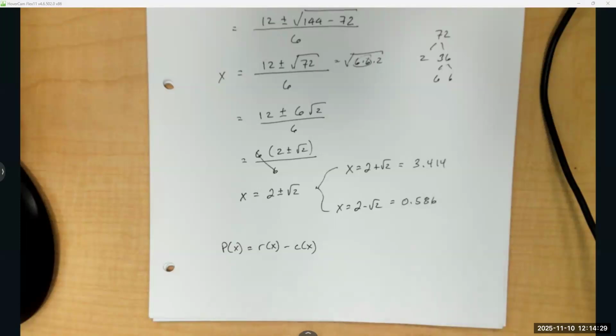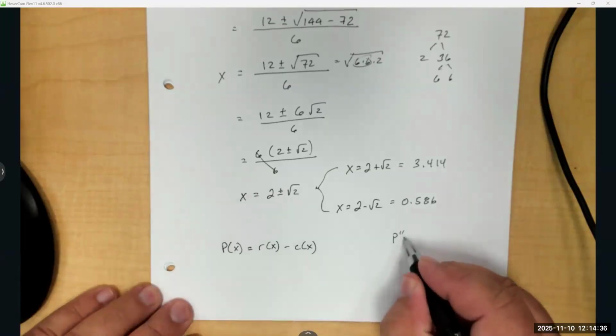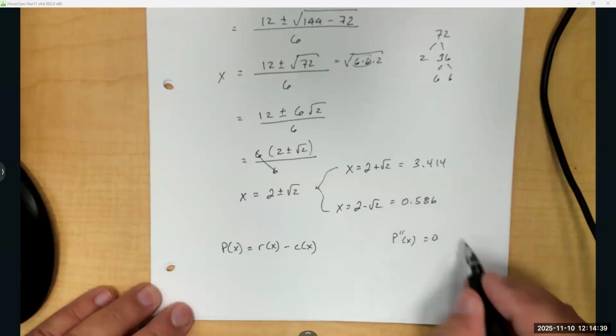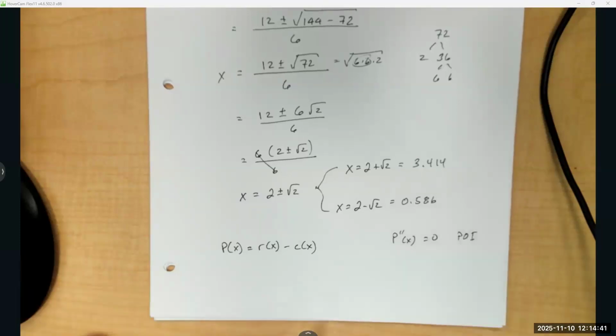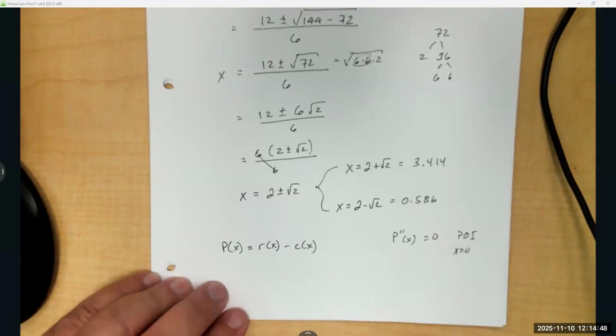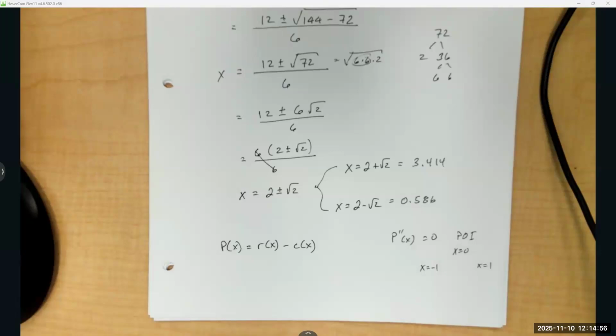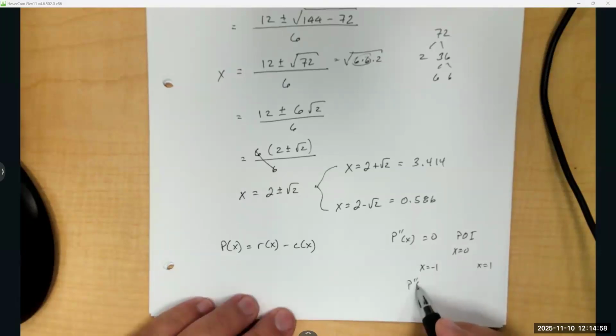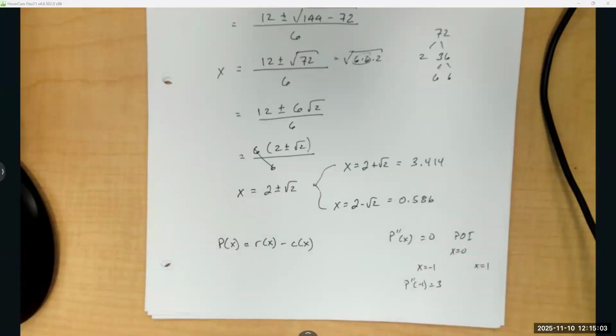Point of inflection. Yes, if we take the second derivative and set it equal to 0, that finds us a point of inflection. Now, from that point, let's say that x equals 0, if we take a point to the left of it and a point to the right of it, and put it into our second derivative and it's positive, what does that tell us?